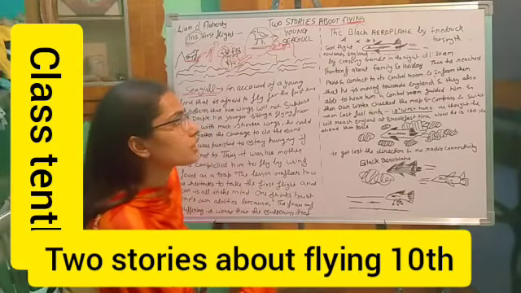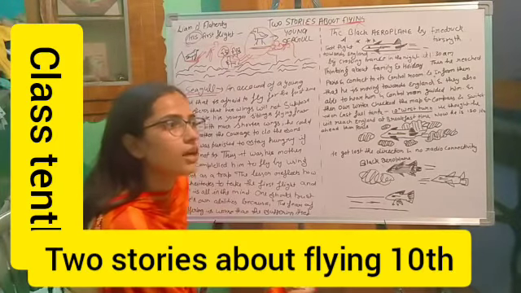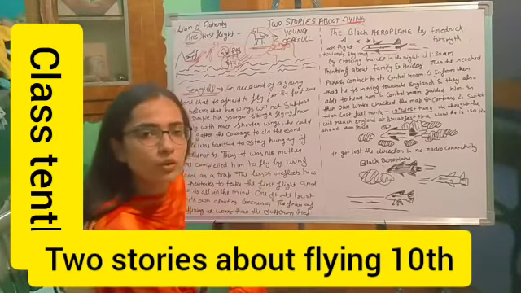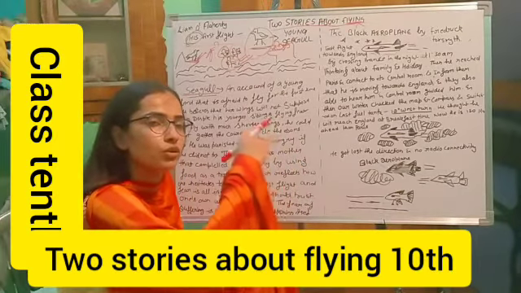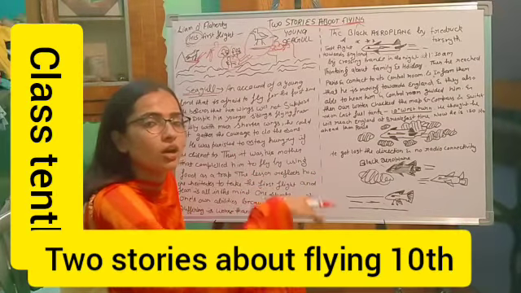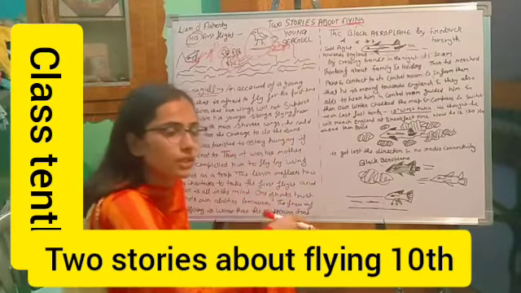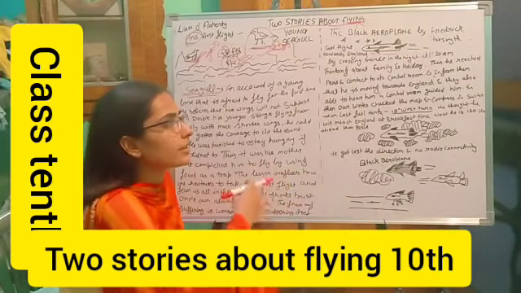After that he reached Paris, and he contacted the control room. It is mandatory that whenever your plane is over a place, you have to inform the control room of that area, wherever the aeroplane landing area will be.